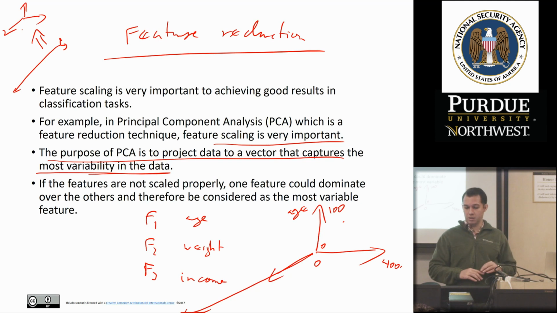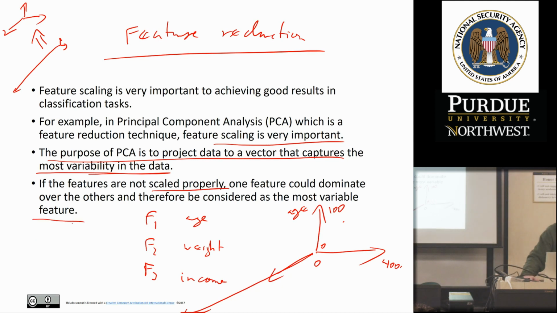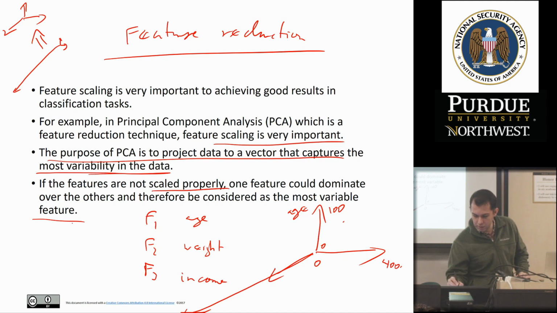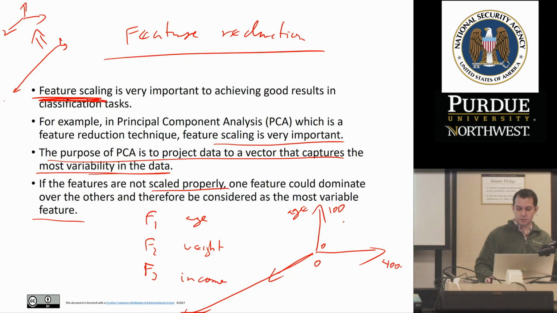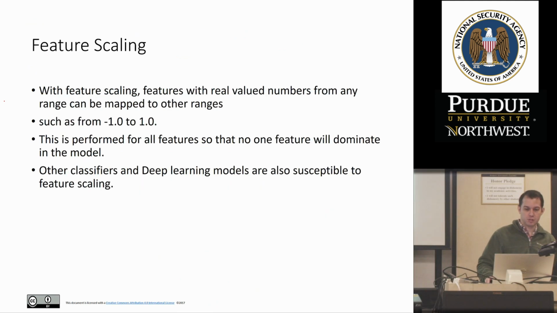So that's what feature scaling is. If the features are not scaled properly, one feature could dominate over the others and therefore be considered the most variable feature. So usually the recommendation from a practical point of view is that feature scaling should be done for all your tasks before you do any machine learning.